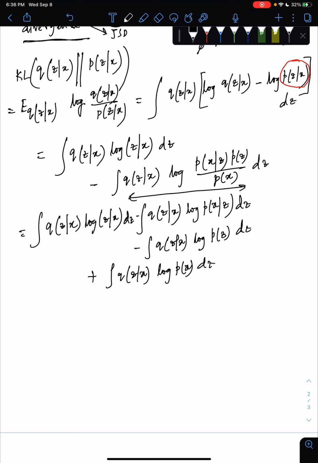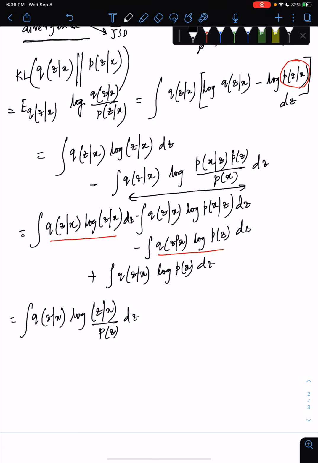Now I'm taking this and this together. This is the integral of q(z|x) log of q(z|x) divided by p(z), dz. This is minus the integral of q(z|x) log p(x|z) dz.